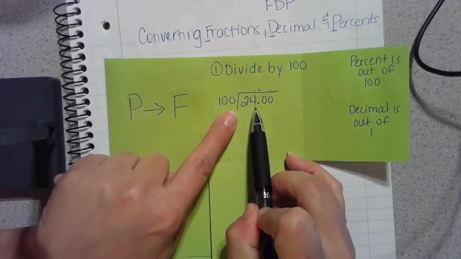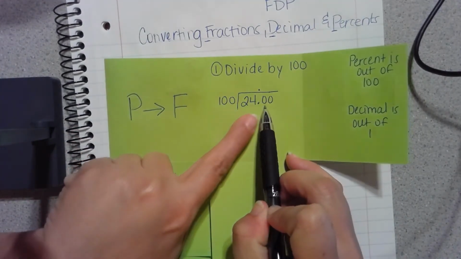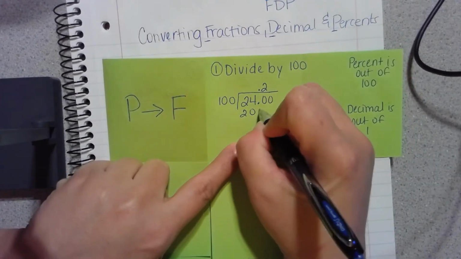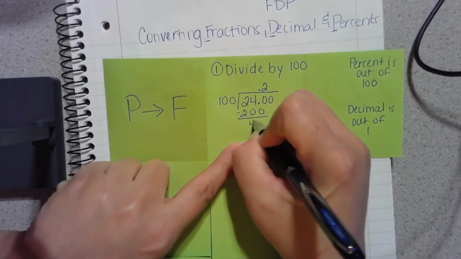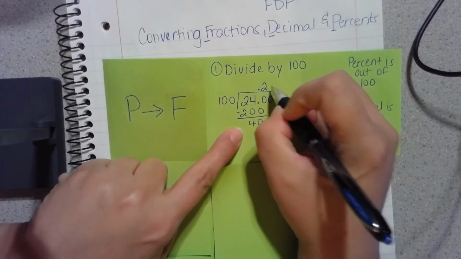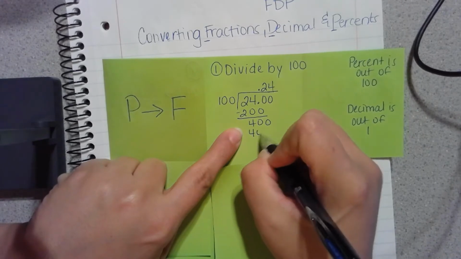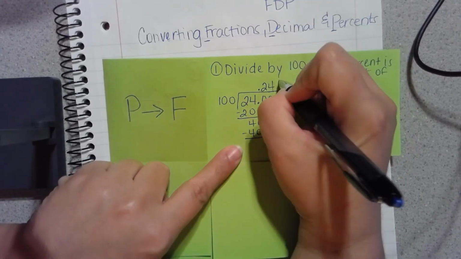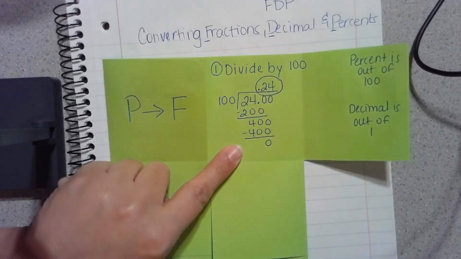So 100 can't go into 24, but it can go into 240 2 times. Bring down our 0. 100 can go into 400 4 times. And there's your decimal.